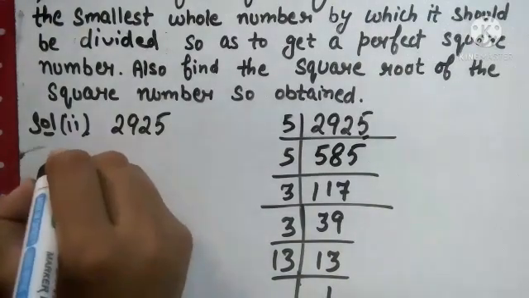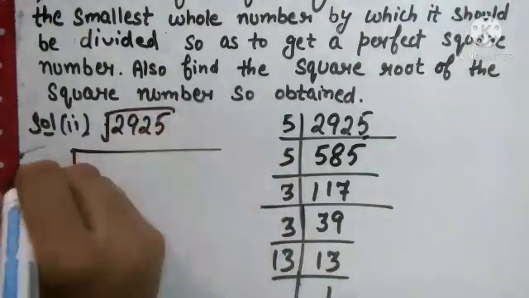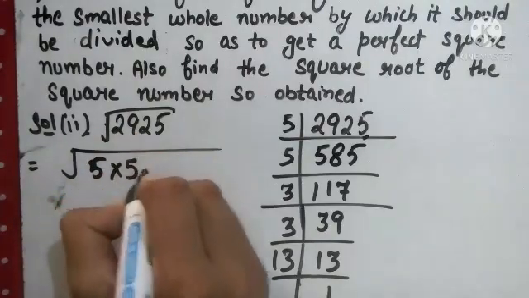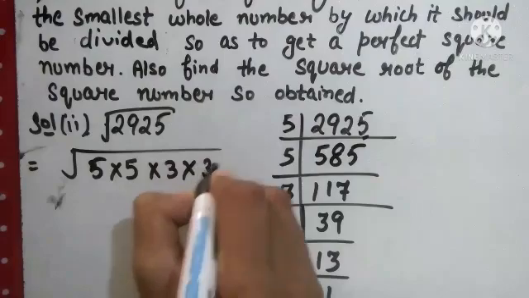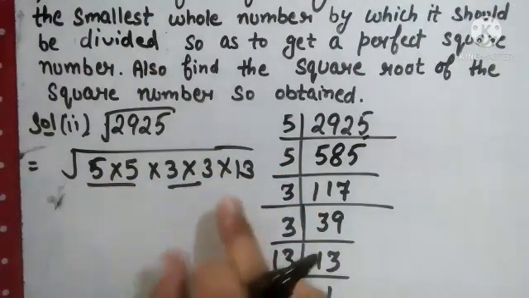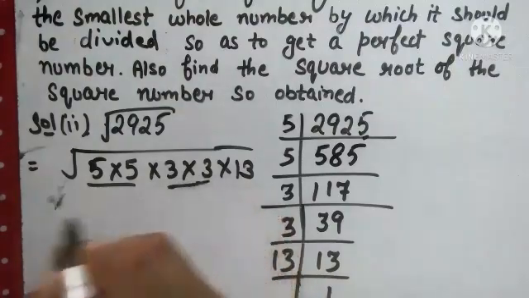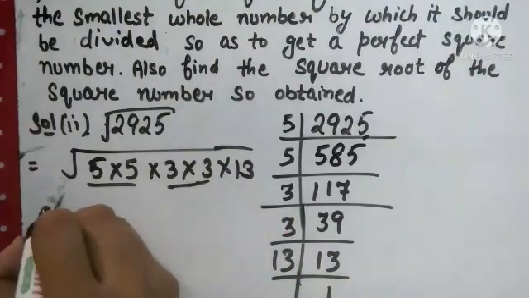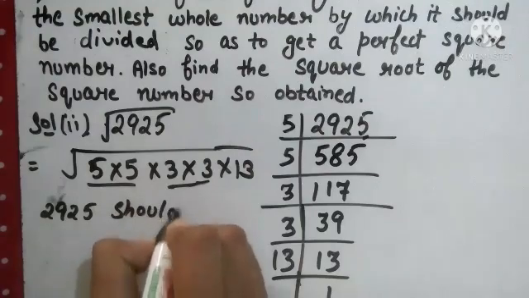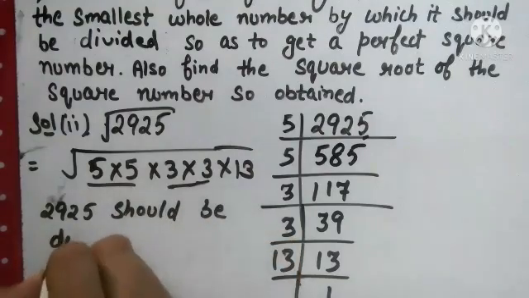So these are the factors of 2925: 5 multiply 5, 3 multiply 3, multiply 13. So 5 and 3 are in pairs, but this 13 is only one time. So we can say that 2925 should be divided by which number?